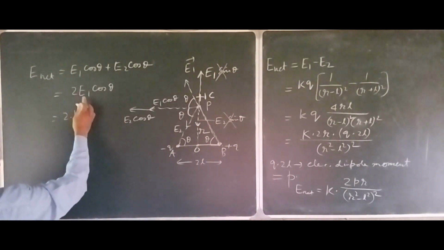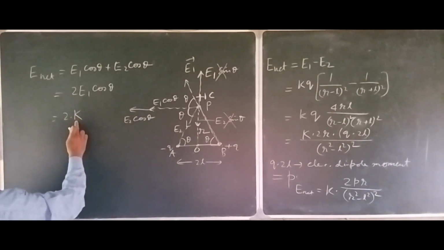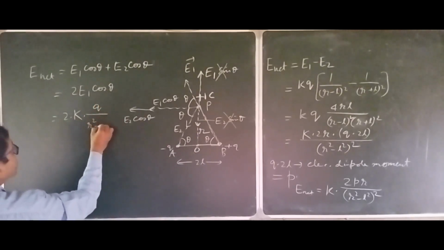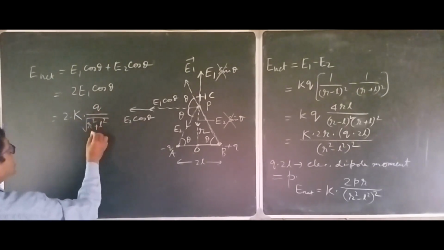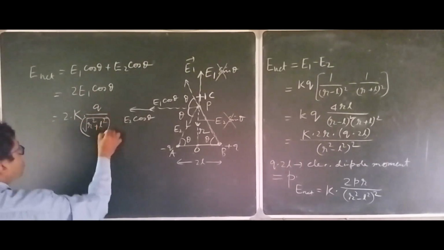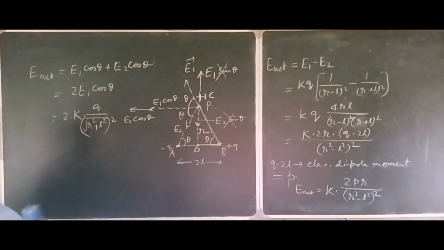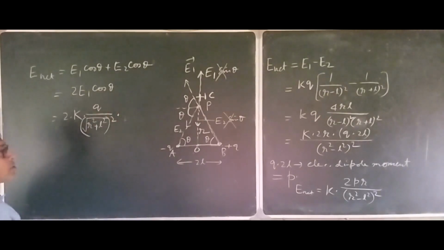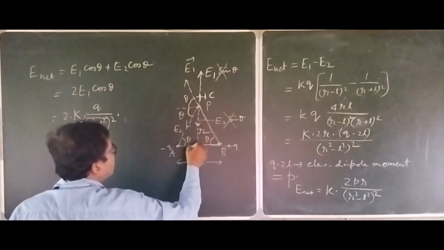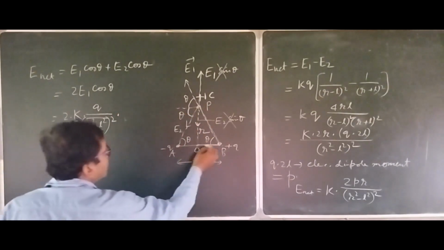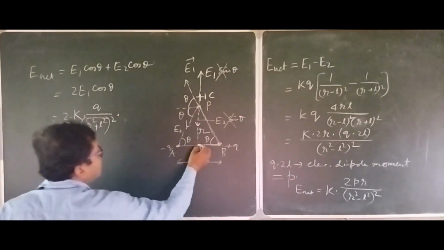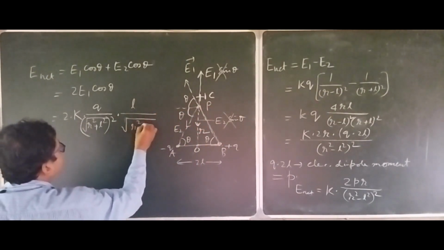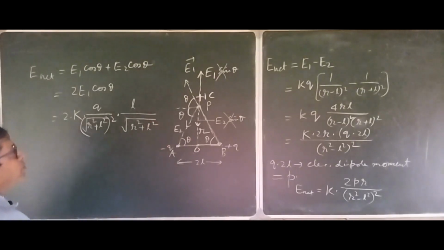So that means E1 is 1 by 4 pi epsilon naught, Q by distance square, that means R square plus L square, whole square root, into cos theta. In this triangle, what is cos theta? Base by hypotenuse. That means L upon under root R square plus L square.